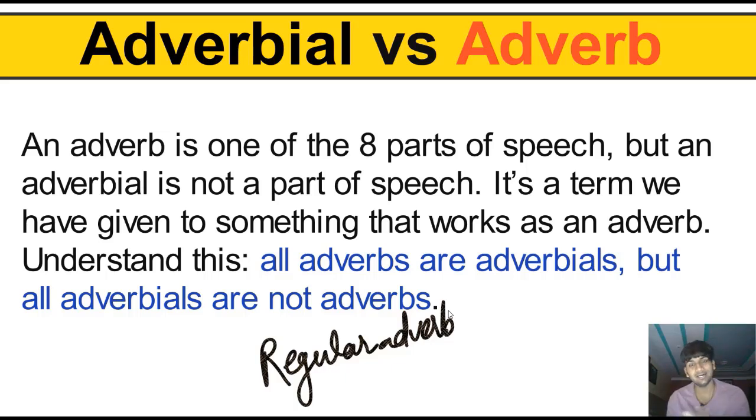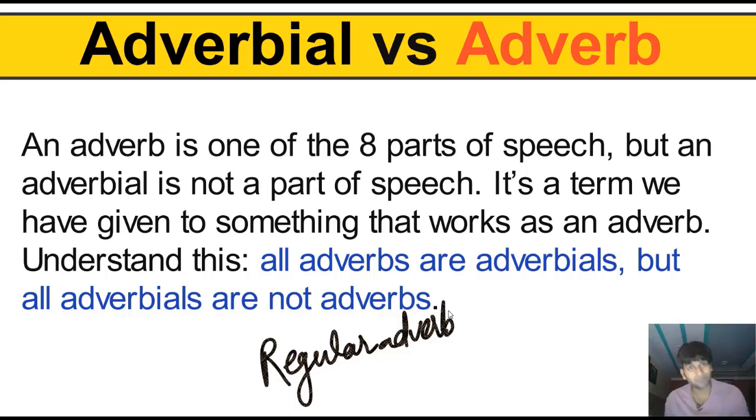So all these phrases, prepositional phrases, infinitive phrases, right, these can function as adverbs. These can function otherwise as well, as adjectives and sometimes nouns as well, right? But regular adverbs cannot function as adjectives and nouns, right?